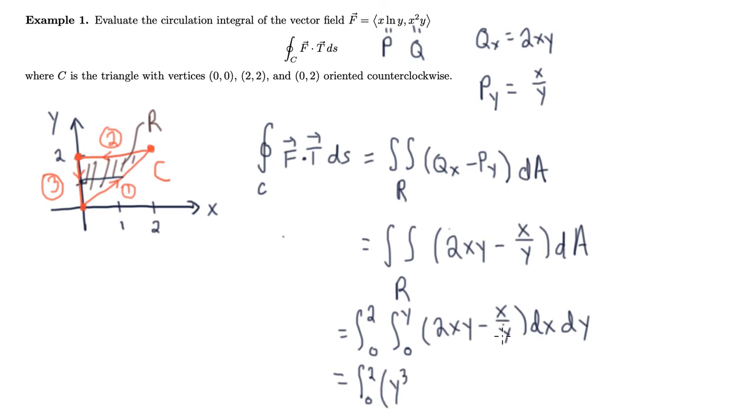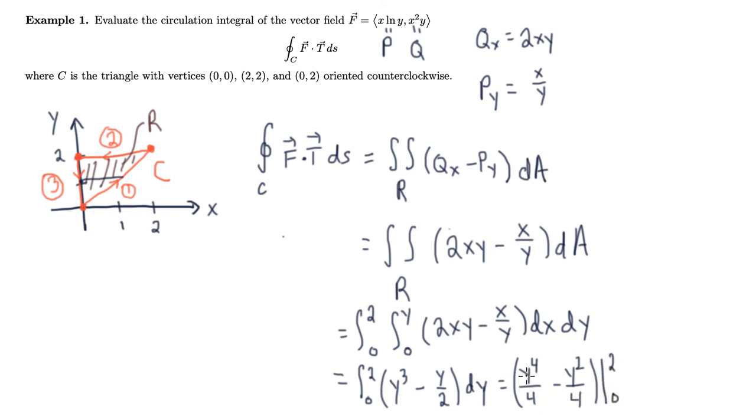Well, it's x squared over 2 evaluated, so y squared over 2y, or in other words, y over 2, dy. Okay, so let's see, what do we get? We have y to the 4th over 4 minus y squared over 4, evaluated from 0 to 2.